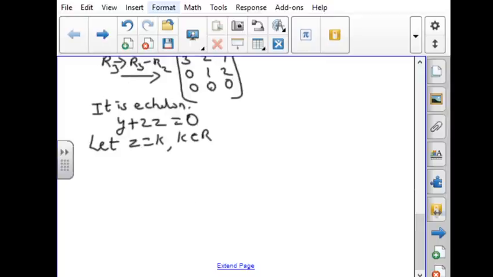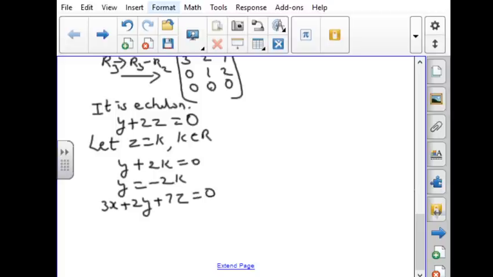Therefore y plus 2k is equal to 0, so y is equal to minus 2k. Now from the first one we get 3x plus 2y plus 7z is equal to 0.